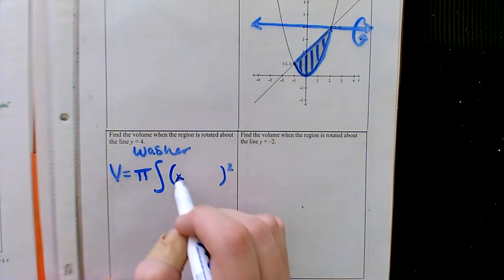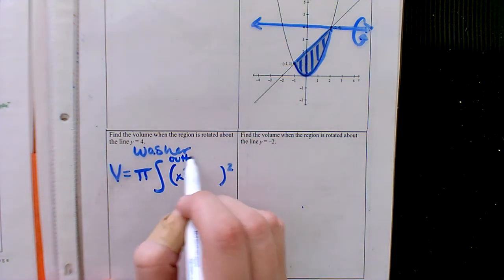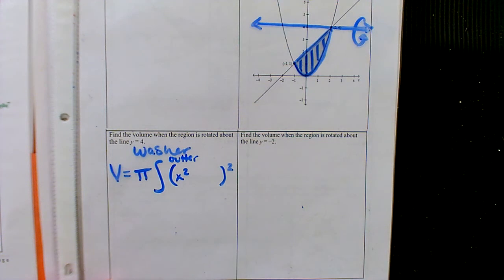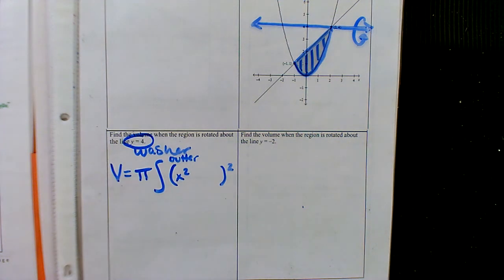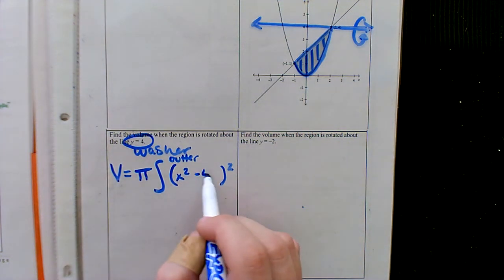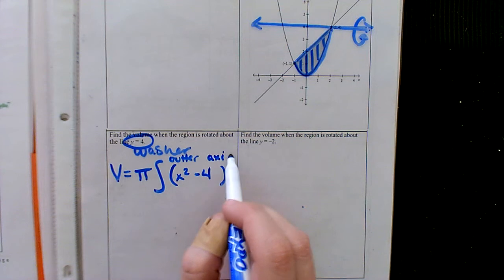Okay, so that'll be our outer function. We need to subtract the axis that we are revolving around. Up to this point, we were revolving around the x-axis or y-axis, which have values of 0. But in this case, we're revolving around the line y equals 4, so we're going to have to subtract 4.